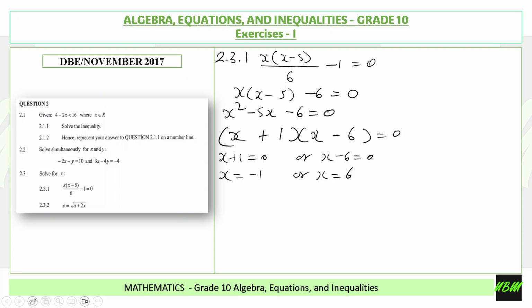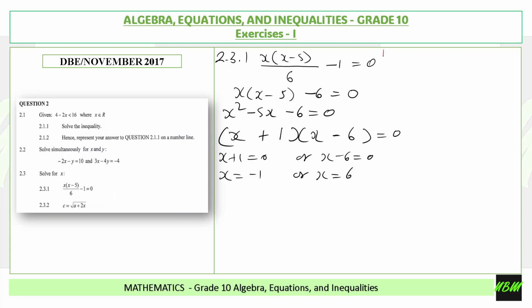Now, I think we've been doing a number of equations where you find that when you factorize the quadratic trinomial, the last term is always negative.